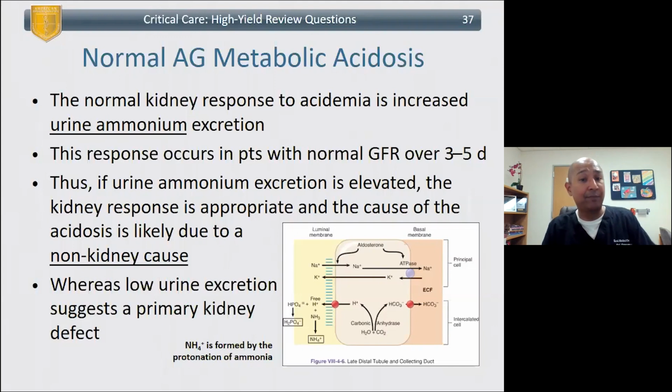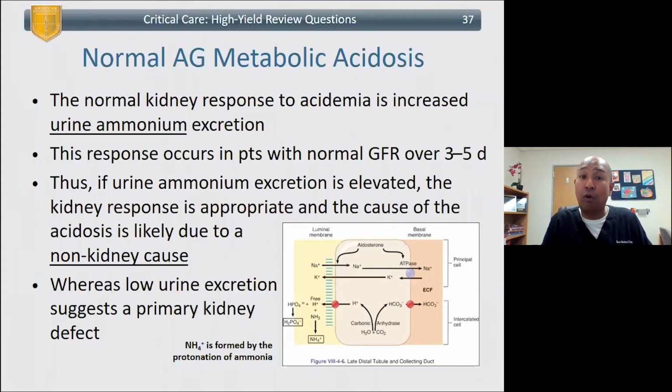So let's play the game. Someone comes in and they have lots and lots of diarrhea. They have a non-gap metabolic acidosis. What is the kidney going to do if they're functioning properly? They're going to start dumping out ammonium, and therefore chloride will be bound to the ammonium. You're going to have a lot of chloride in the urine.